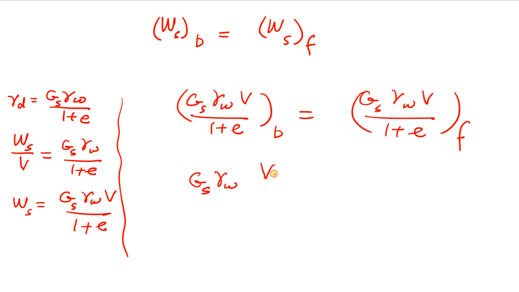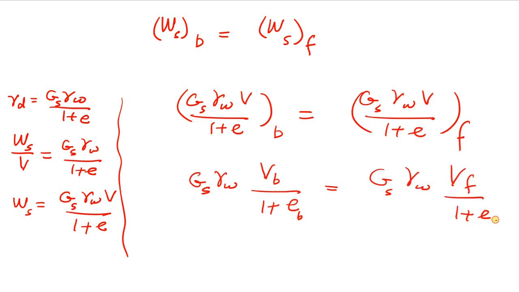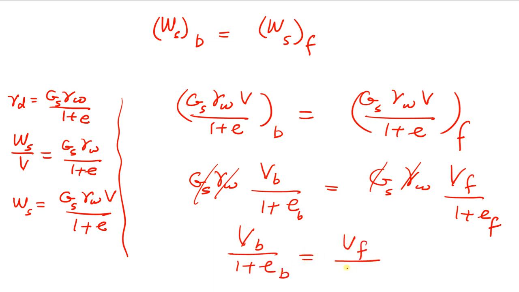So it is going to be volume of the borrow area divided by 1 plus e, where I can write the subscript B for borrow, like this. And here let's take the common Gs gamma w, it is going to be volume of fill over 1 plus e fill. So on both sides they are going to cancel out. What is left? Volume of borrow divided by 1 plus void ratio of the borrow area should be equal to volume of fill over 1 plus void ratio of the fill.